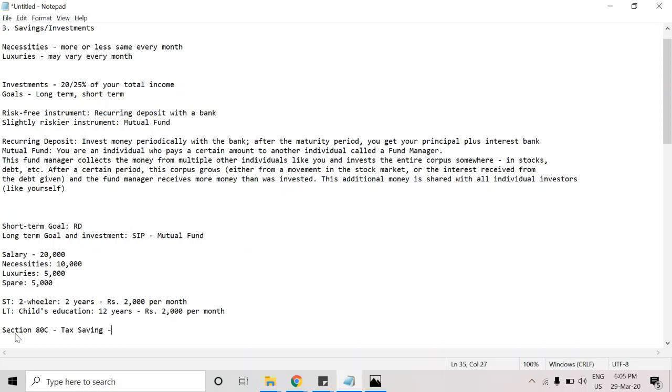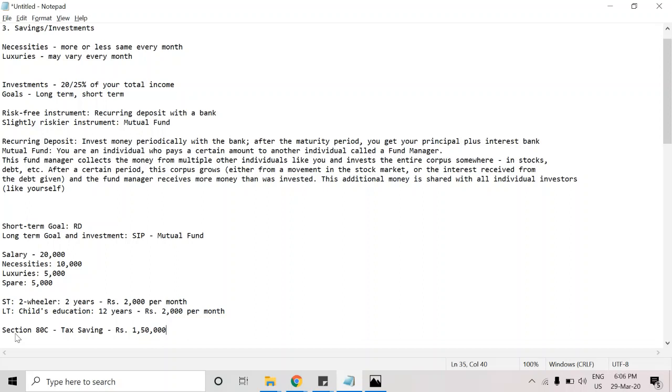This section has a maximum cap of rupees 1,50,000, which means if your net taxable salary is 3 lakh rupees after all the other deductions, if you have an investment in any of the instruments for 1.5 lakh rupees, your net taxable salary would come down from 3 lakh rupees to 1.5 lakh rupees. So you would not have to pay any tax on the 1.5 lakhs that you are investing in section 80C.